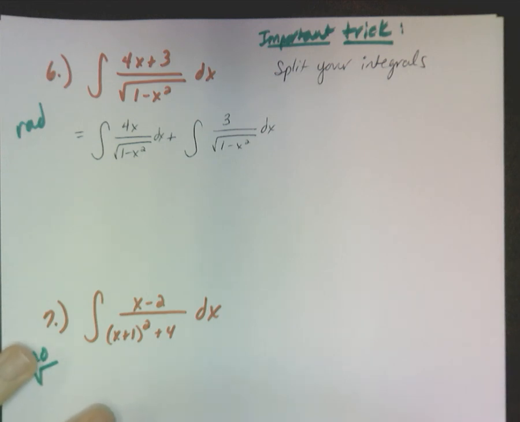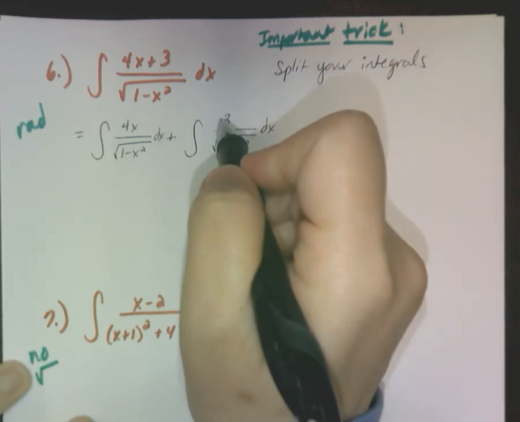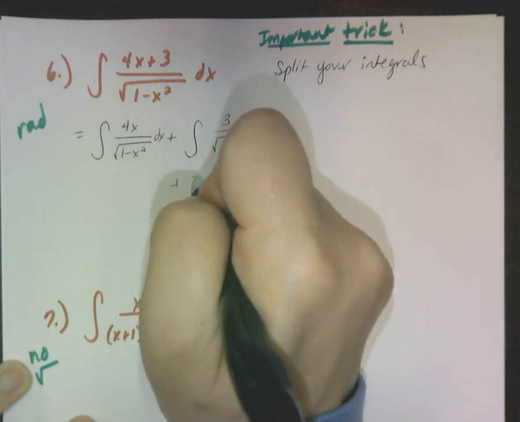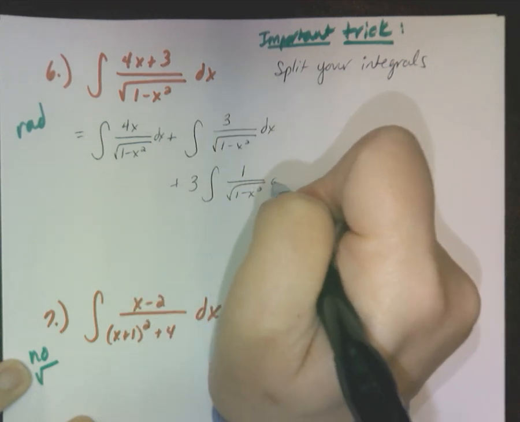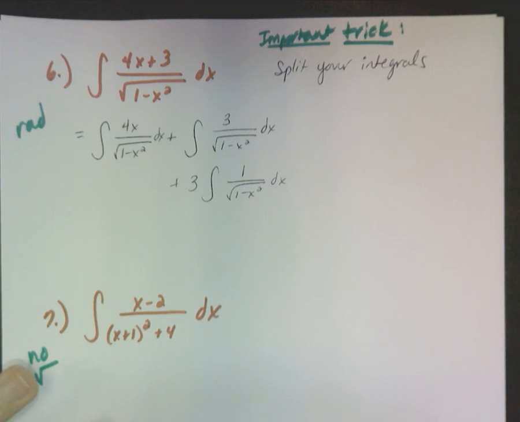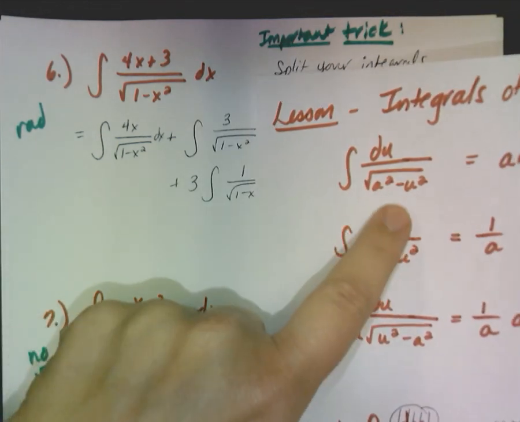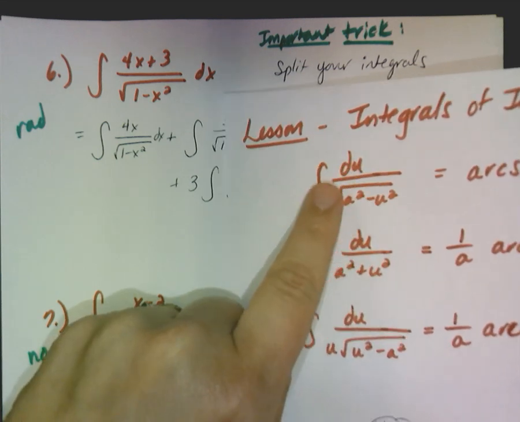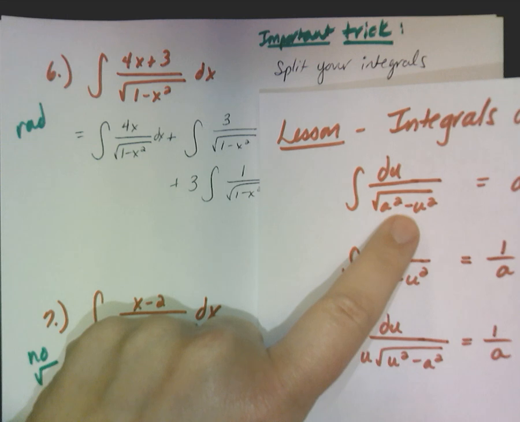So this right here, if I pull that 3 out in front, I'm going to do this one first, is 1 over the square root of 1 minus x squared dx. That one is, look, pull that to the side, and we pull that 3 out. Here's the square root of a squared minus u squared.